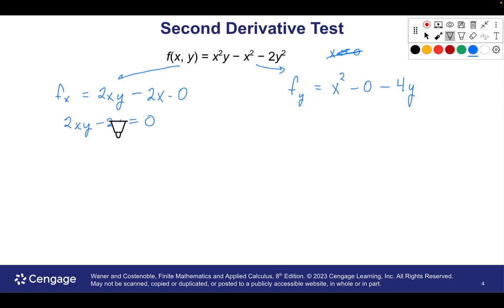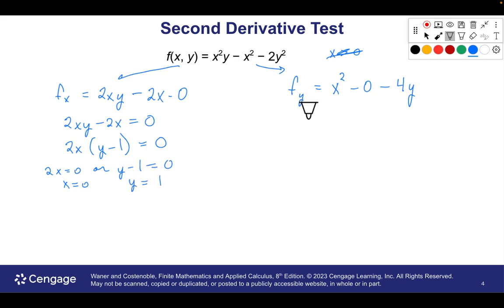So 2x, let's factor that out. That gives us y minus 1 equals 0. So either 2x equals 0 or y minus 1 equals 0. So that gave us either x equals 0 or y equals 1.